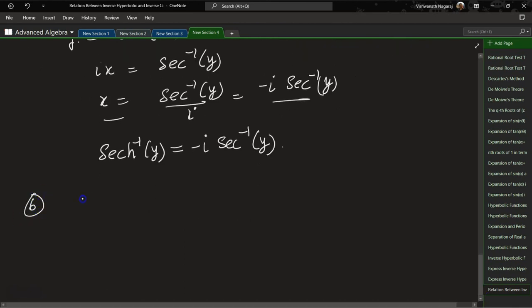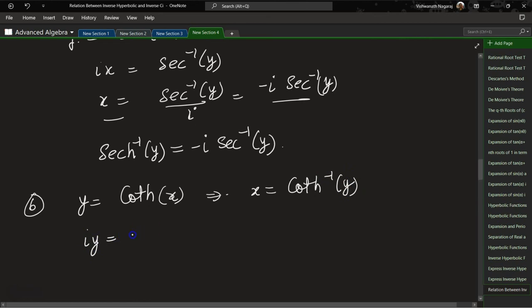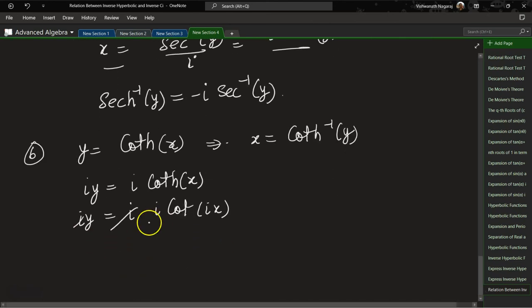So sixth one, y is equal to coth of x, which implies x is equal to coth inverse of y. Again multiply i to both sides, we get iy equal to i coth of x. Okay, now if we remember, coth of x can be written as i cot of ix, which means we don't really require this i, because this i itself we can take it to the other side.